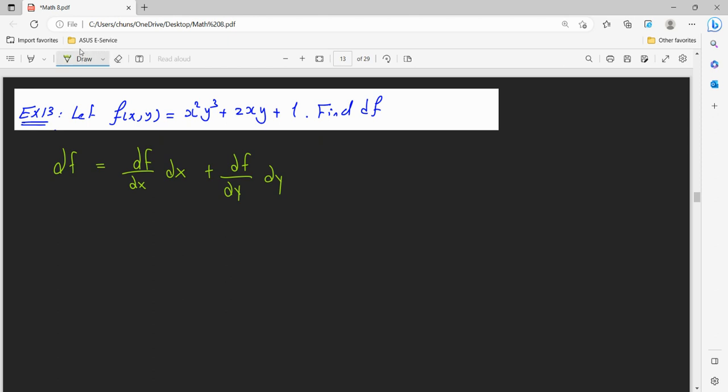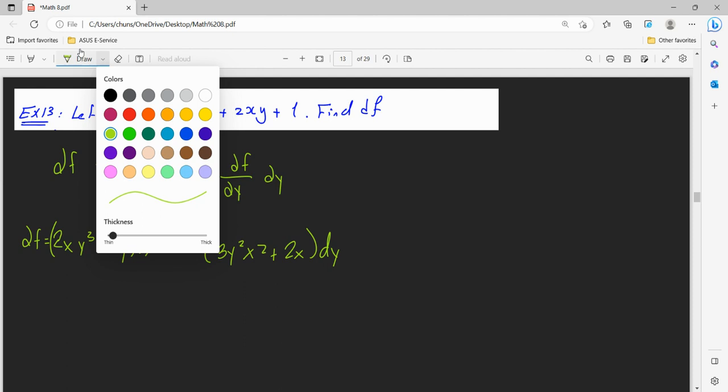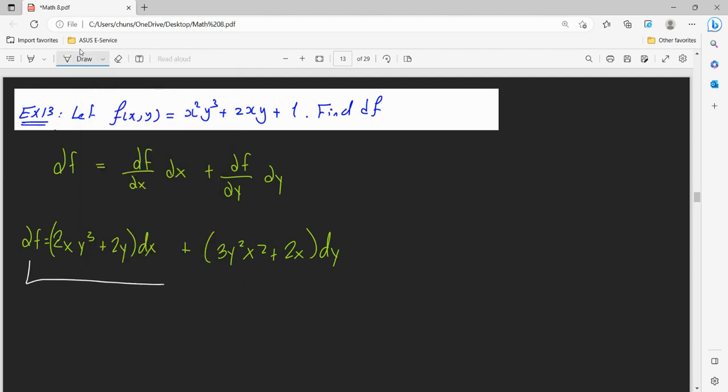So if we were to write this out, we'll start and derive with respect to x. And this is plus 2y dx. And this is plus, so this is y squared x squared plus 2x dy. And since we're not given values to plug in for x and y, we would just leave it in this form. So we don't have to do any more work after this.